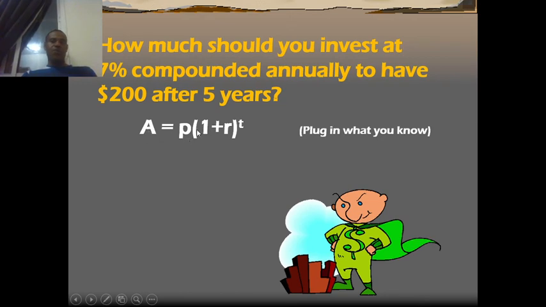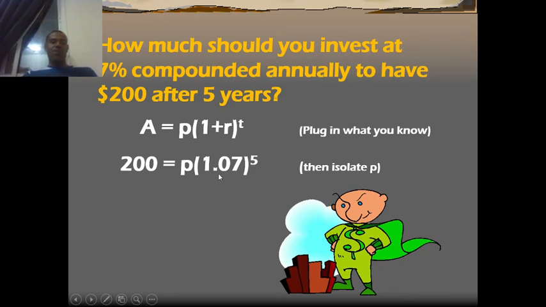A equals P times (1 plus R) to the power T. So it will be 200 equals P multiplied by 1 plus 7 divided by 100, which is 0.07, so 1.07 to the power T. T is 5 years. Then isolate P to make P the subject. It will be P equals 200 divided by this amount.